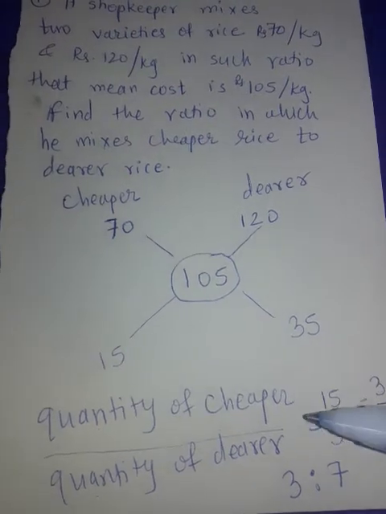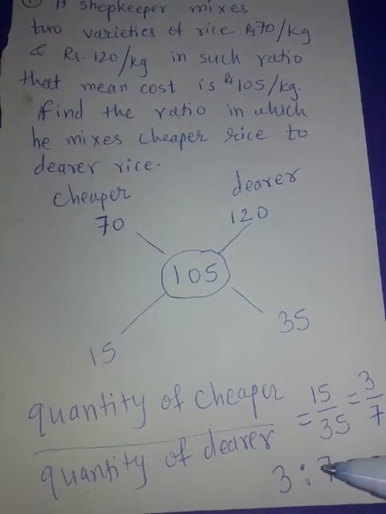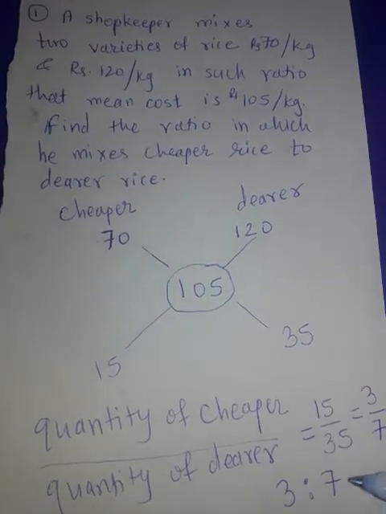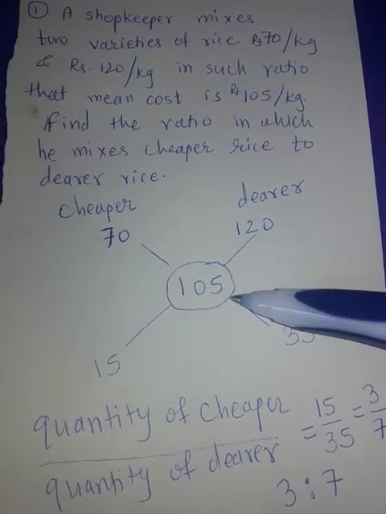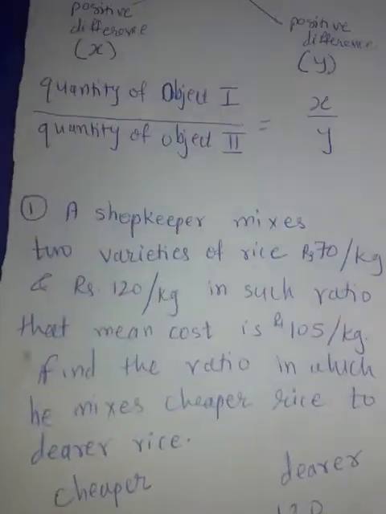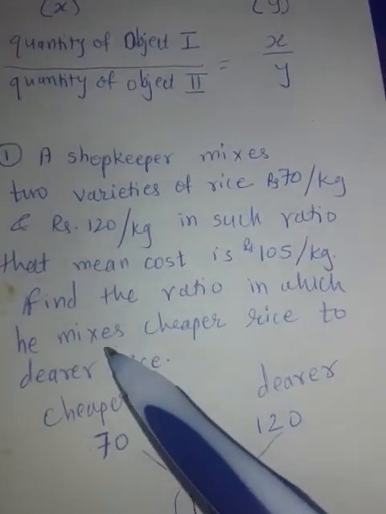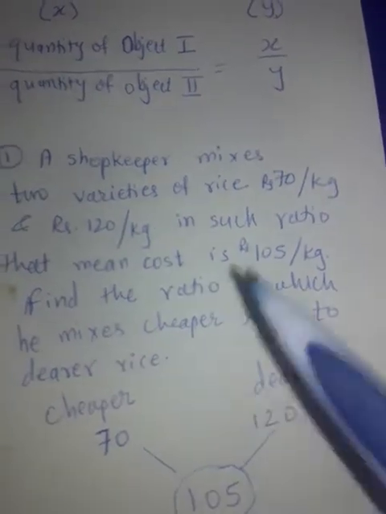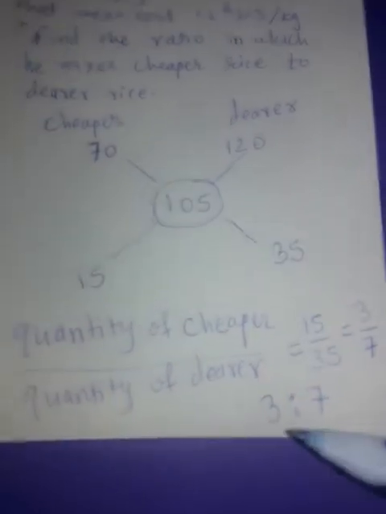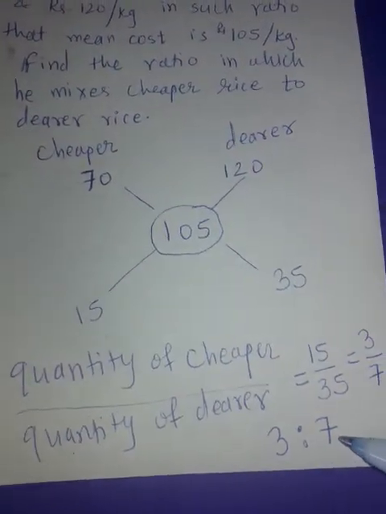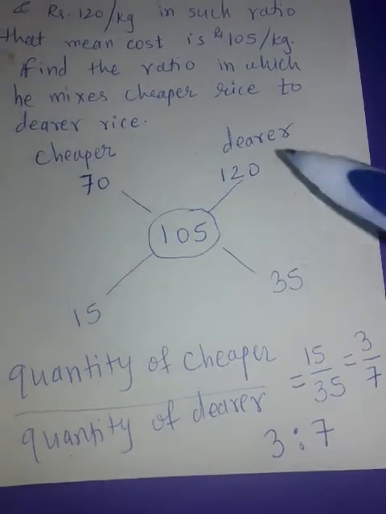The cheaper rice and dearer rice have to be mixed in the quantity 3:7 so that he can get the mean 105. Find the ratio in which he mixes cheaper rice to dearer rice, and the answer is 3:7. Very easy to apply.